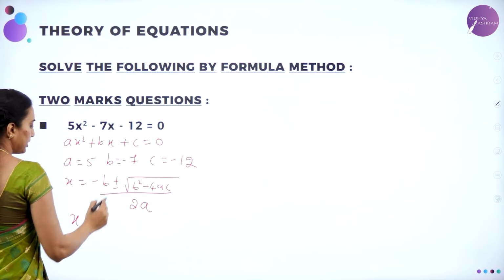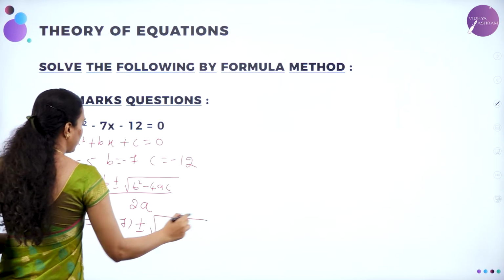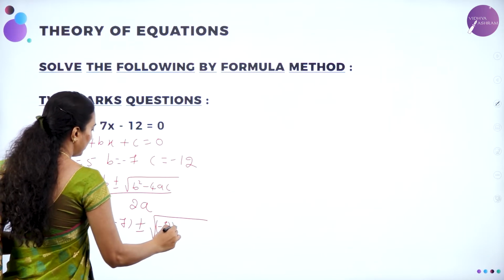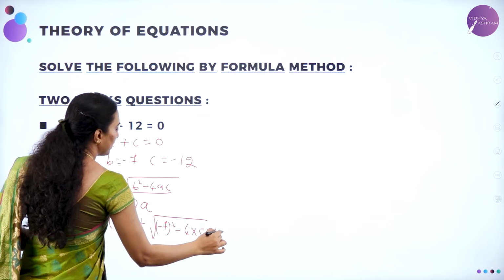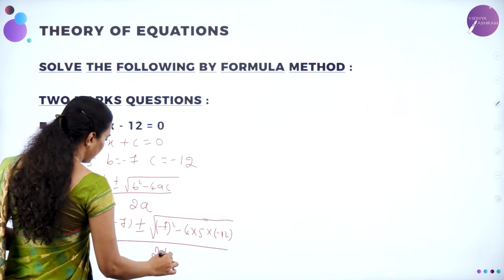Minus of minus 7 is plus 7, plus or minus square root of b squared, which is minus 7 whole squared, minus 4 into a, which is 5, into c, which is minus 12, divided by 2 into a, which is 5.